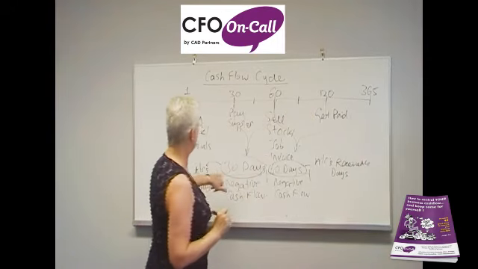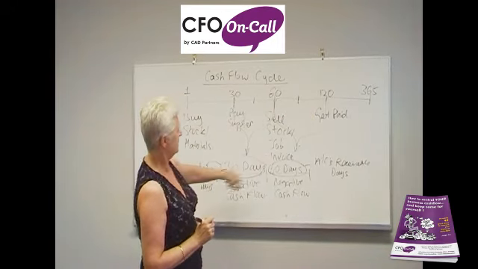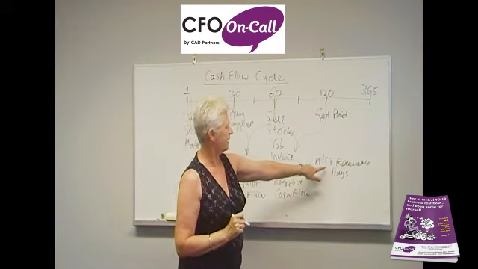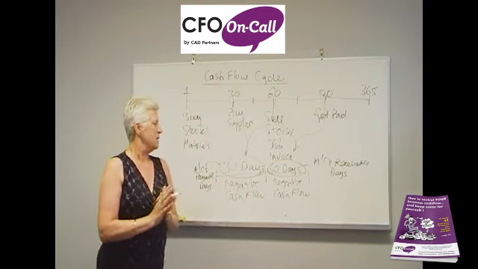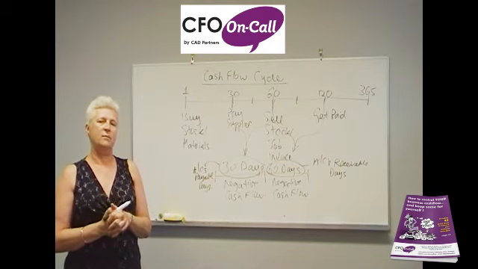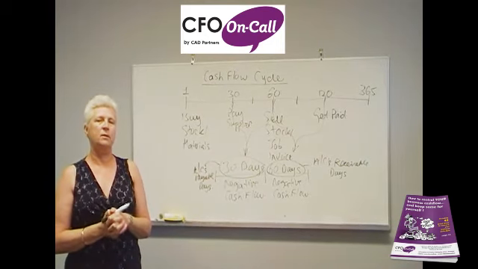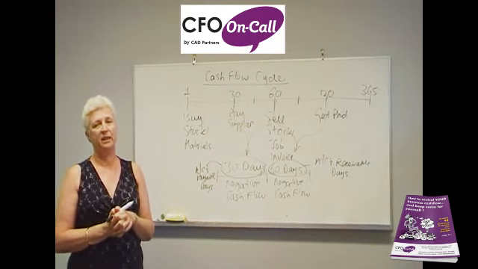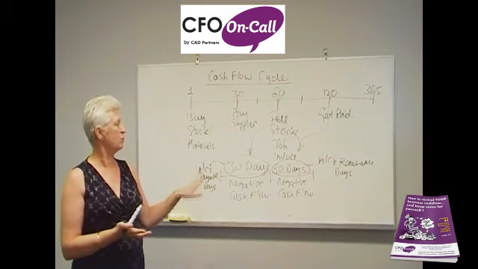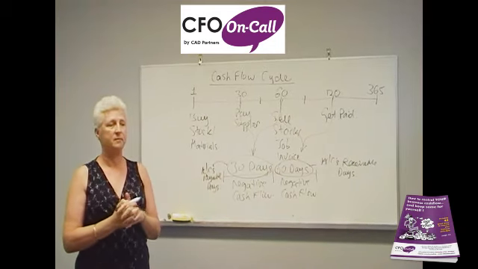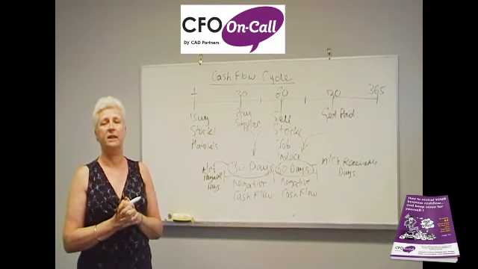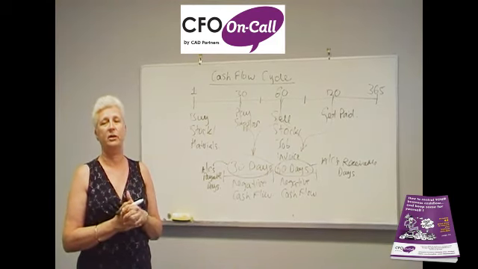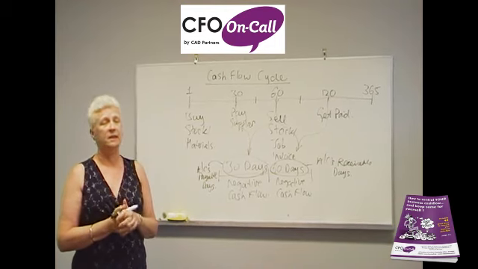So this is the number of days you're taking to pay your suppliers, and this is the number of days you're taking to get paid by your customers. In that book, there are some really simple day-to-day operational things that you can do to improve both of these numbers. We're going to put up the information on the next slide for what you can do to download a free copy of that ebook.